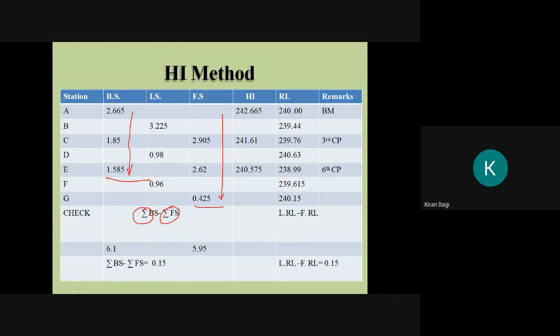So you will get some readings XYZ here and PQR here. Then you do summation of backside minus summation of foresight, and you will get 0.15. Similarly, last RL minus first RL, and you will get 0.15. These both should be the same, then only the procedure we have done is correct.